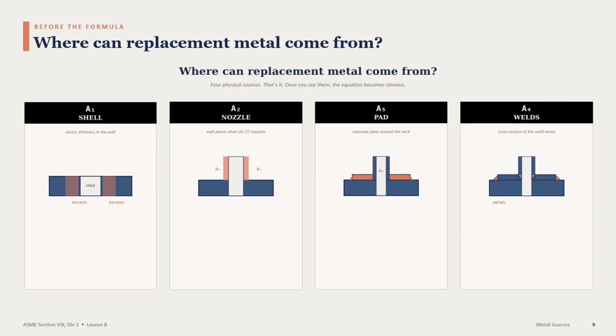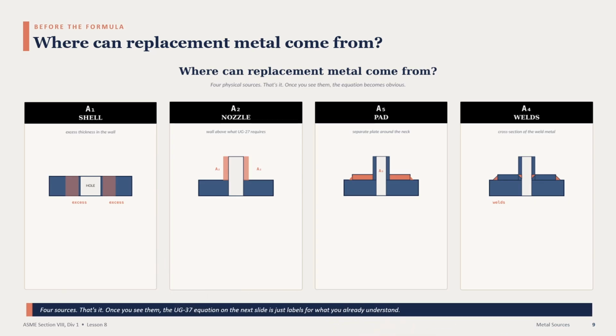This is A4. Four sources. That's it. Once you see them, the UG-37 equation on the next slide isn't a wall of algebra. It's just labels for what you already understand.